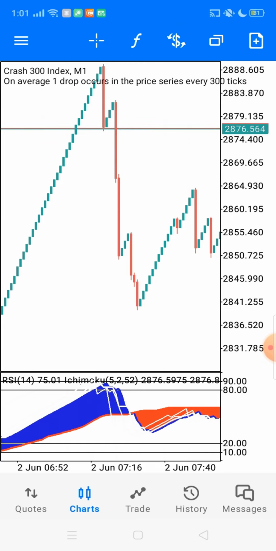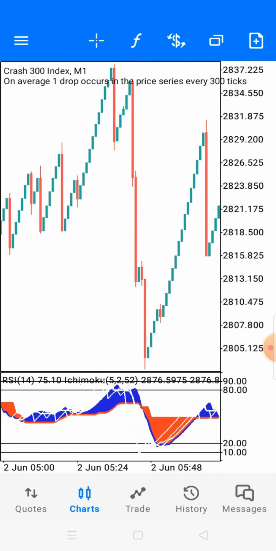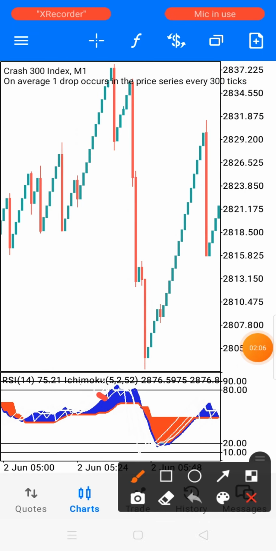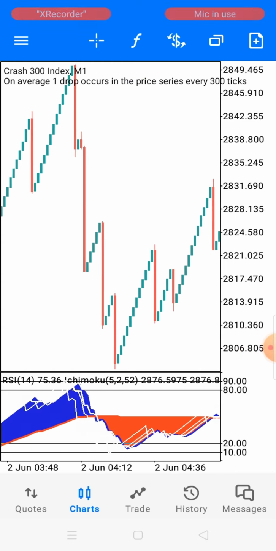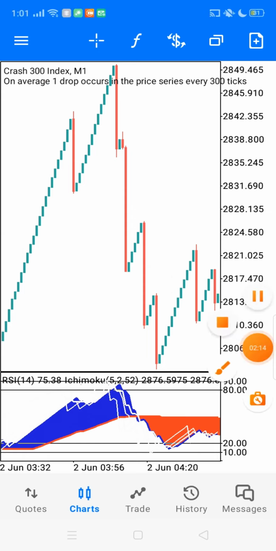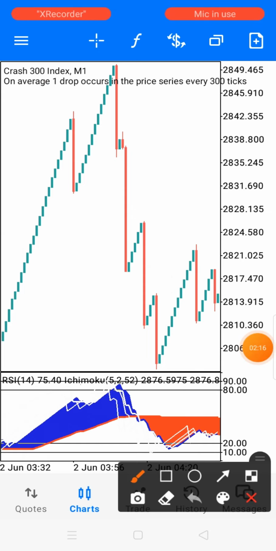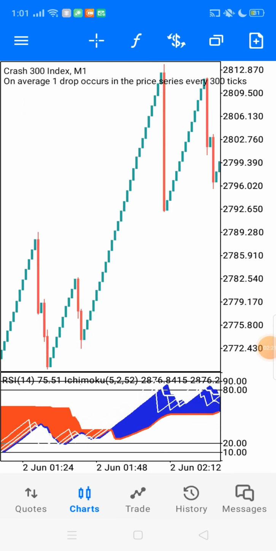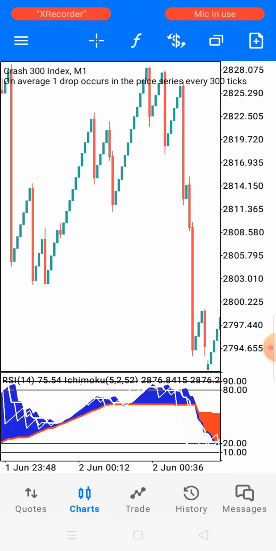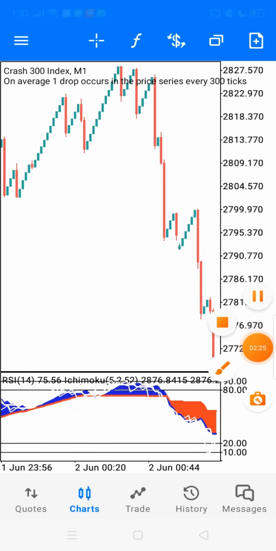So let's backtest. You can see that whenever price comes to this level, the spikes usually just happen. The spikes usually happen whenever price comes to that level and the Ichimoku color becomes blue, like in the cases here.